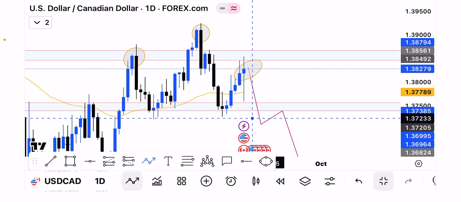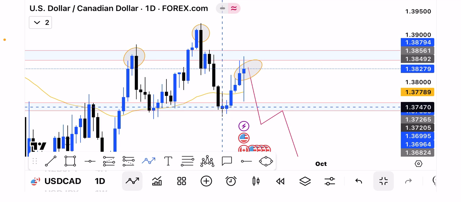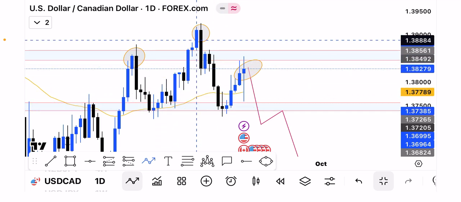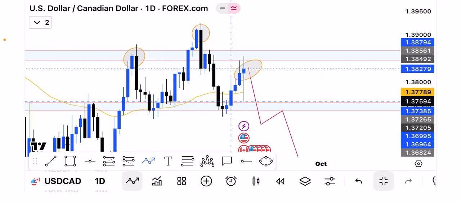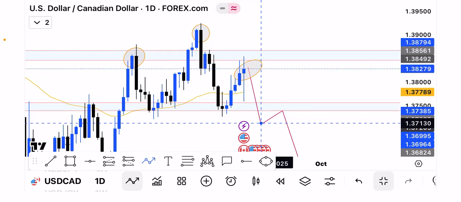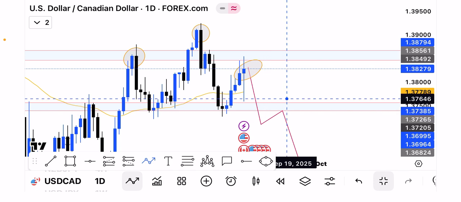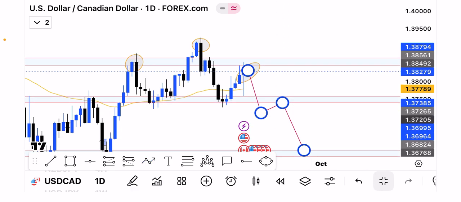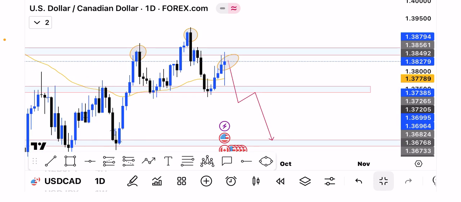Right now the daily is bullish. Once you break down this place there, it will turn bearish, retest, then I'll go down to the lower time frame to look for shorts.